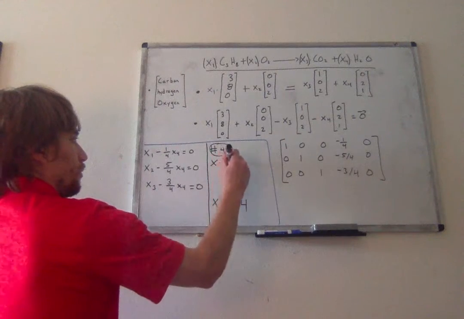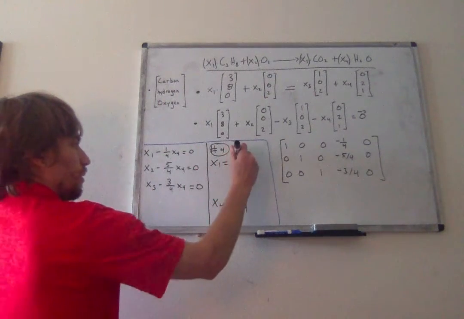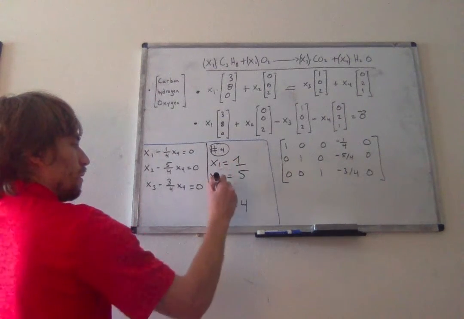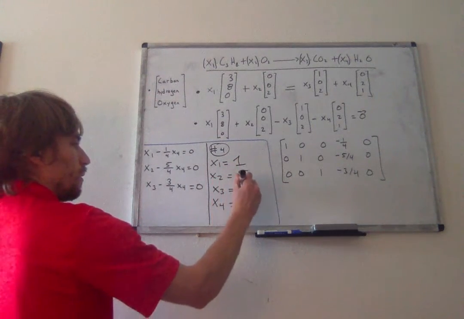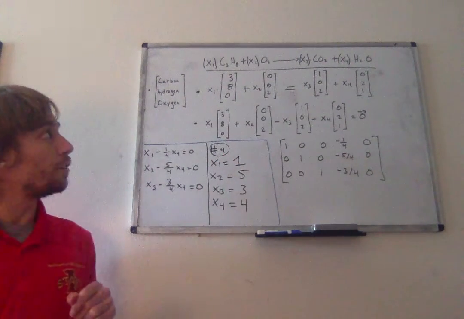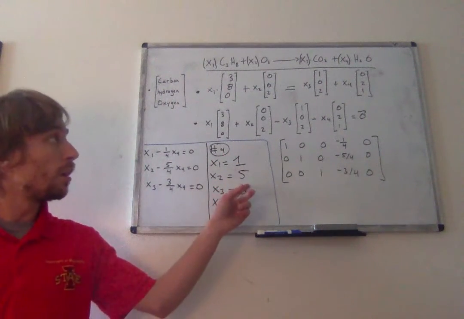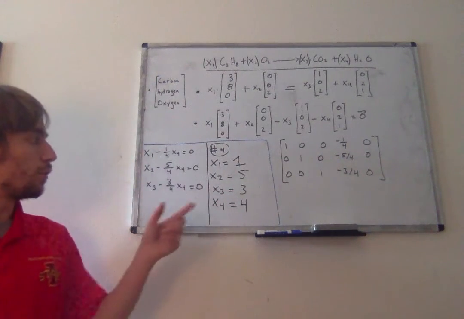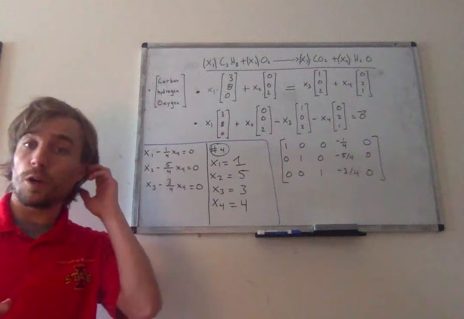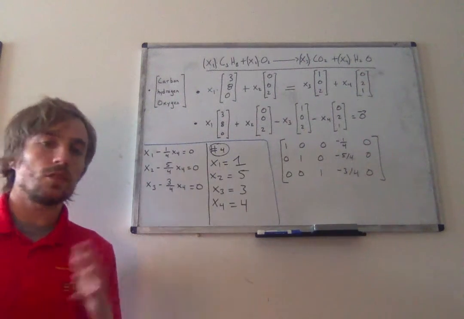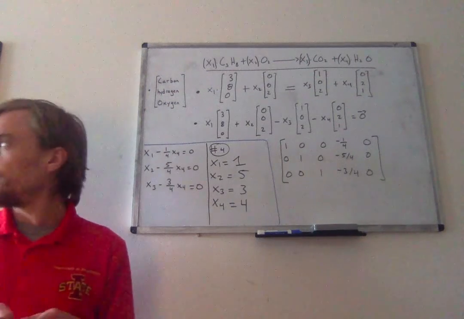Well, if you just solve each of these 3 equations, you'll be able to calculate that. You'll see we get 1 propane, 5 oxygen or O2, 3 CO2, and then 4 water molecules. And so, of course, we could have picked any ending number of water molecules, and the other 3 variables would have been fixed. So that's the idea of free variables.